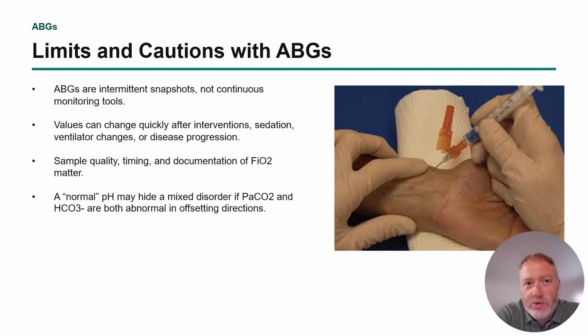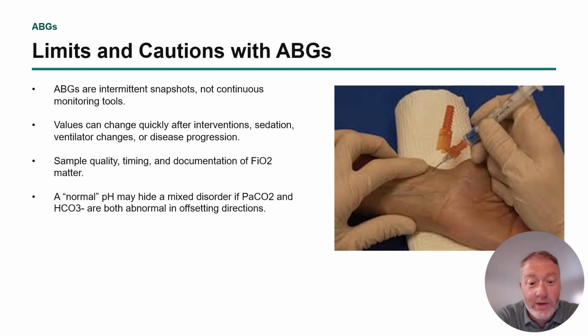While values don't change that quickly, they can over time, depending mainly on the type of intervention that's going on. If a patient gets sedation, or if the clinicians make a vent change, or if there's a significant quick regression of the disease process, that can change the values pretty quickly.